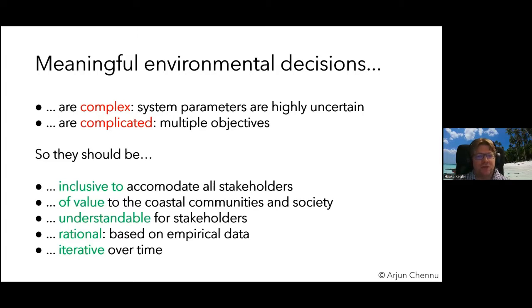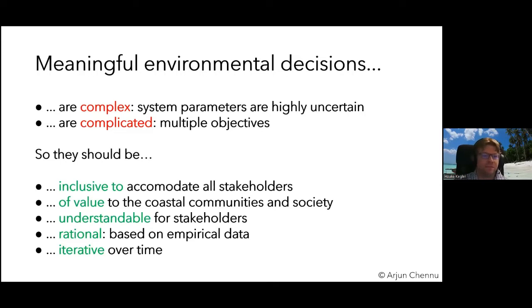Nowadays, we also try not to only add value to the ecosystems, but also especially to local coastal communities and society. And our decisions should be rational, so based on data and also easily understandable. So why are we doing things the way that we're doing for our stakeholders? And we should frequently go back to our decisions and see if they still hold true.